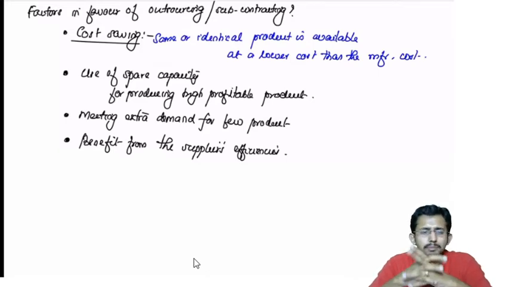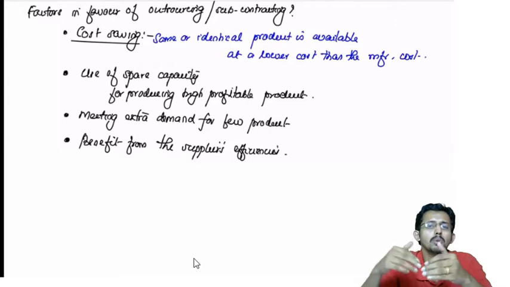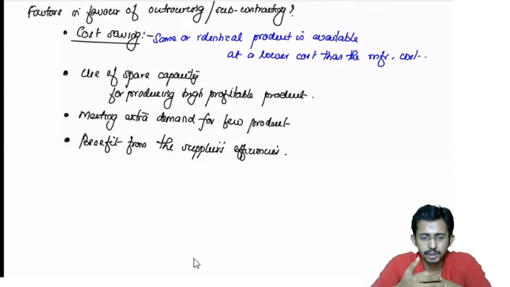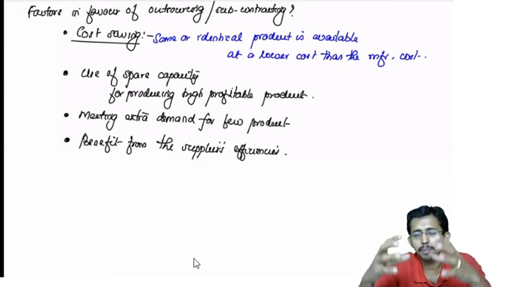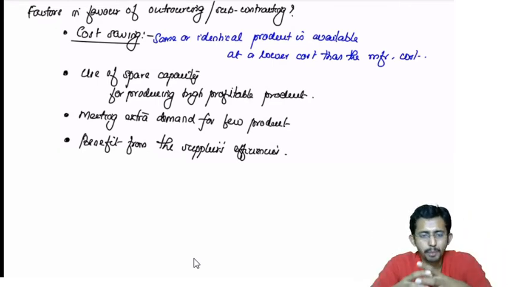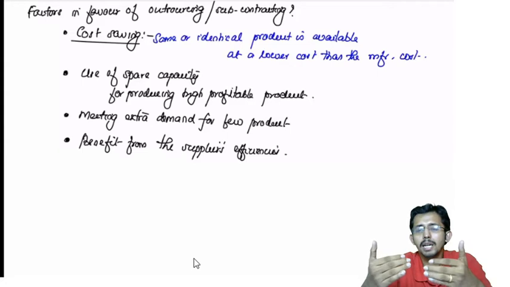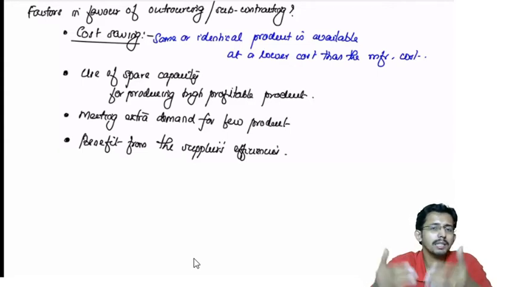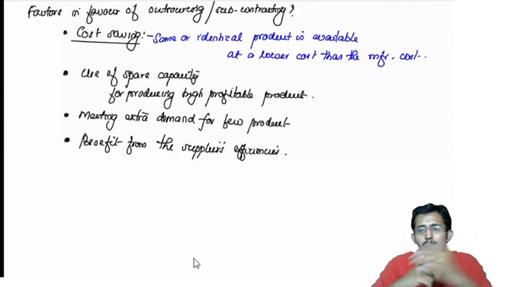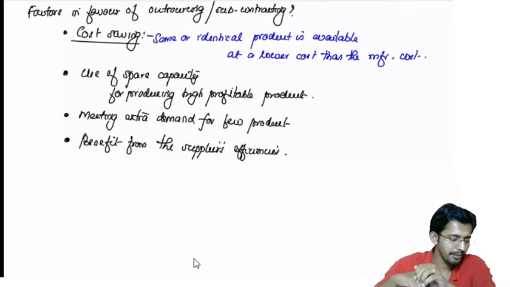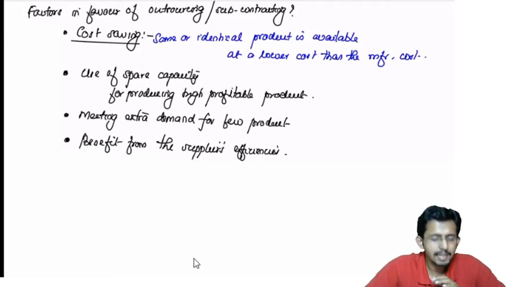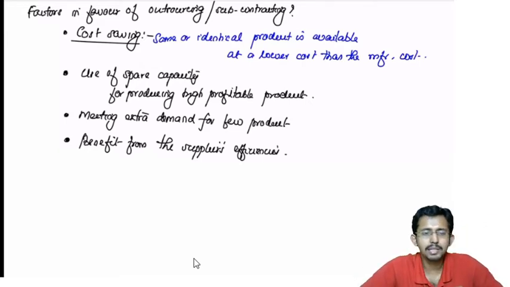Sometimes your suppliers or the persons to whom you are subcontracting or outsourcing will be specialized in that particular component, due to which there will be economies of scale, due to which they will be able to produce the same product at a lower cost as compared to you. That is benefiting from the suppliers' efficiencies. So these are the main reasons why we go for outsourcing decisions.